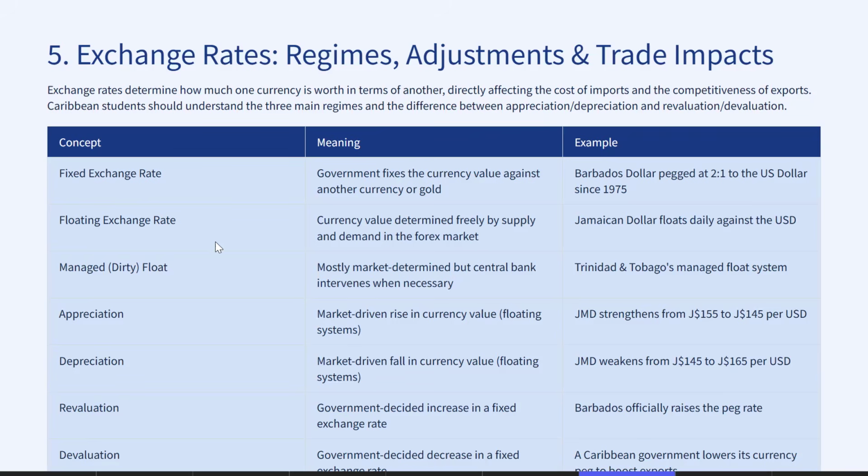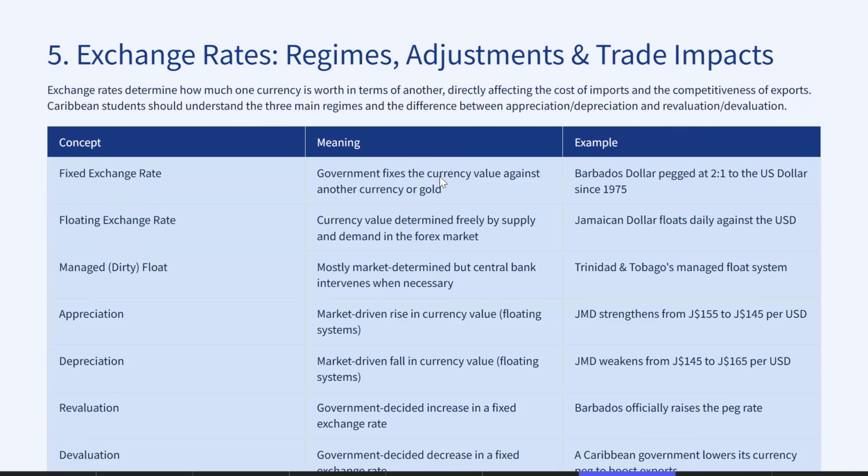There are different types of exchange rates. You have the fixed exchange rate, or the pegged exchange rate. That's when the value of the currency is pegged or attached to another currency or something else like gold. So let's say Trinidad is, for example, pegged at $6.8 to US.